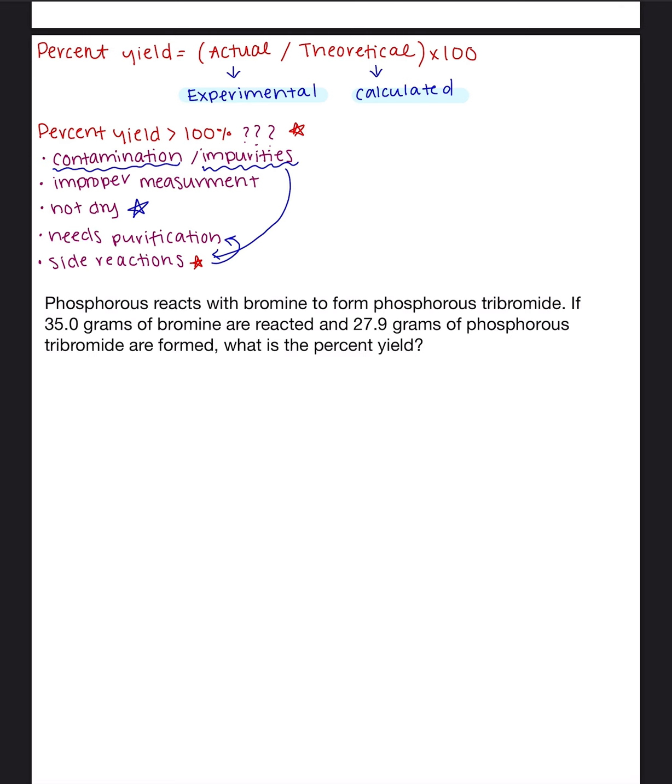A little tip I'm trying to point at is if you get a percent yield higher than 100%, you know that you need to go back and double check your work, or you need to write down in your lab report why you had a percent yield greater than 100%. One of these reasons will probably be why.